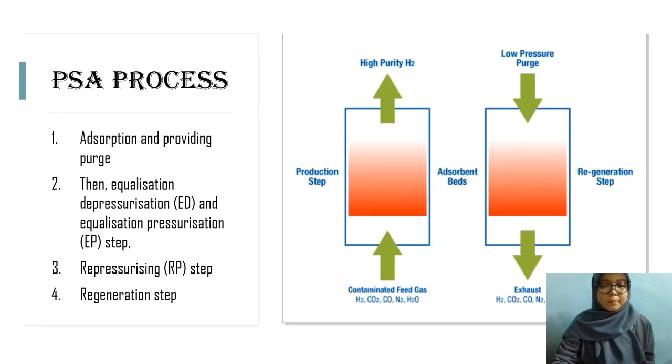Next, the pressurizing step, when the bed is pressurized with inlet feed. And finally, the regeneration step, where the pressure is reduced to atmospheric pressure and purged by a fraction of the product.